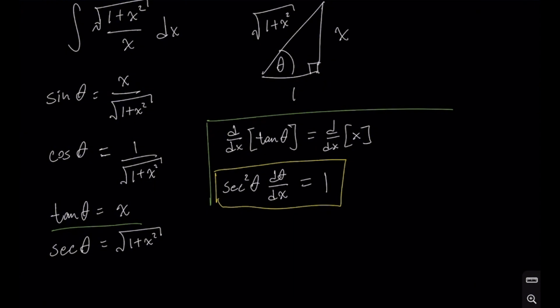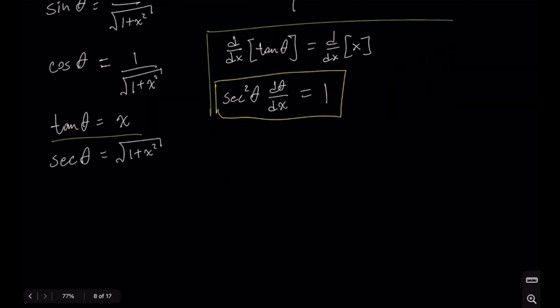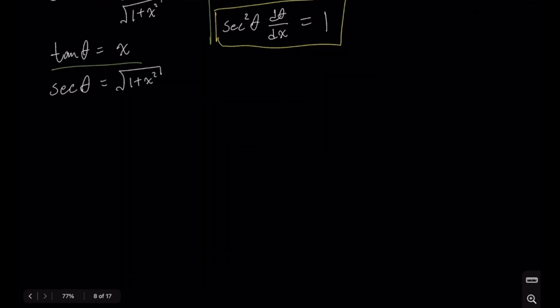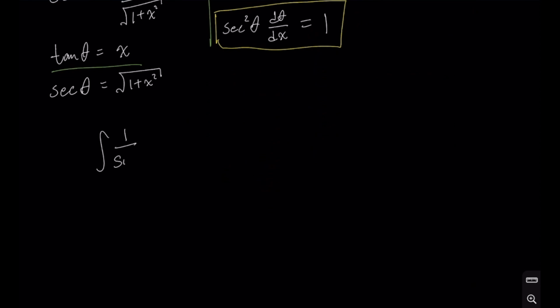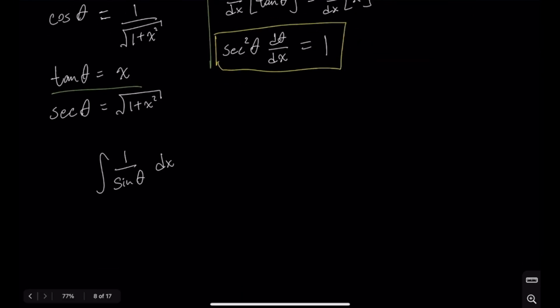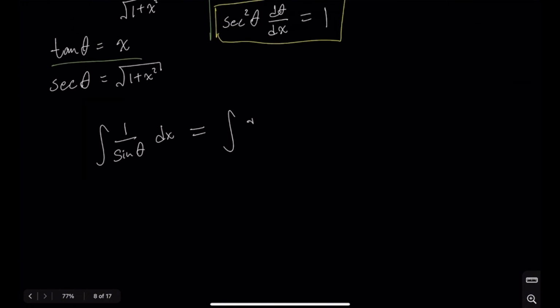And that looks very similar to the sine theta, except it's flipped. And if I flip sine theta, I actually get cosecant, because that's the reciprocal identity. So if I have the integral of 1 over sine theta dx, that's equal to the square root of 1 plus x squared over x dx.